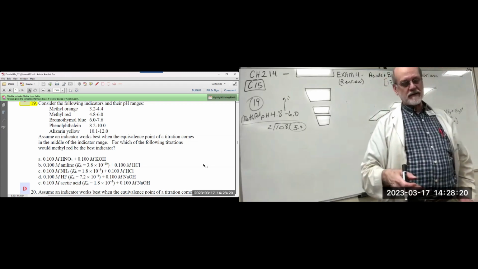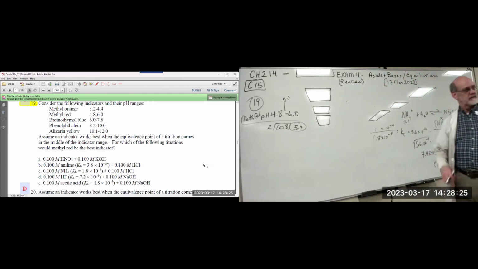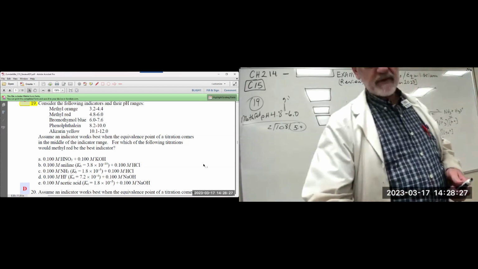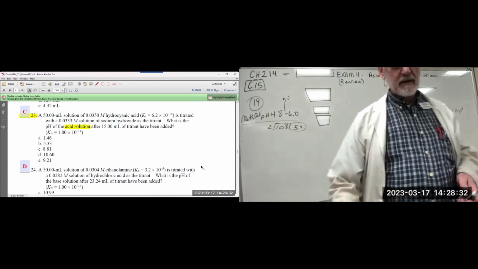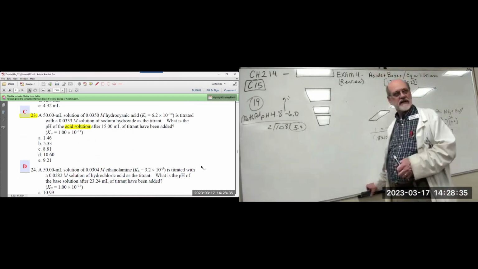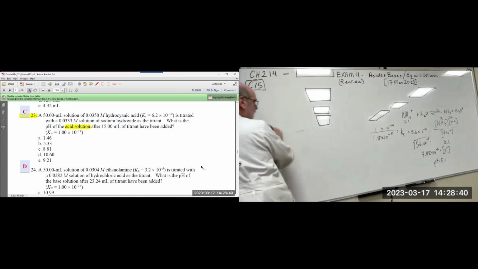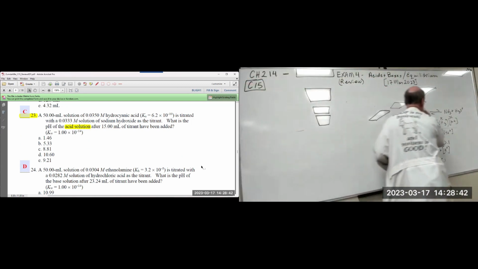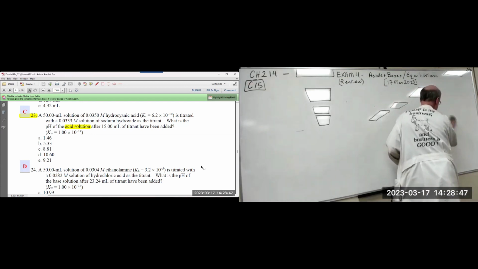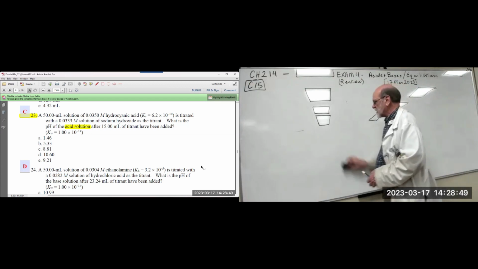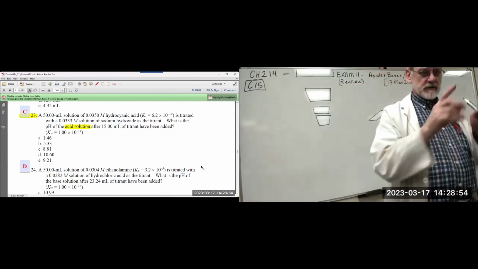We can figure it out, but we already did this one and it's right on the money. That looks like an extra credit problem; it takes so long to work out. But like before, for any of these titrations, think of them in terms of stoichiometry first, then equilibrium.